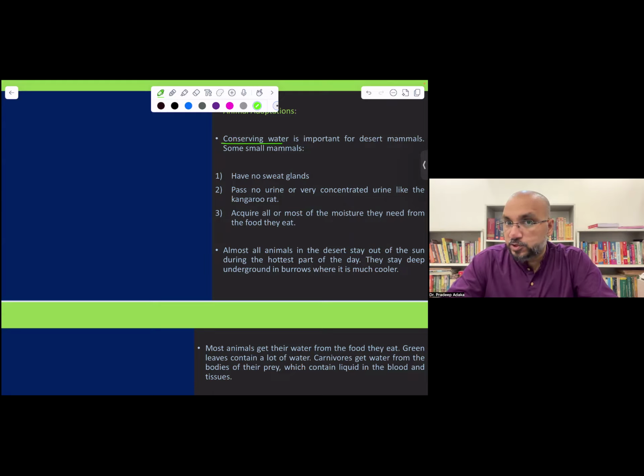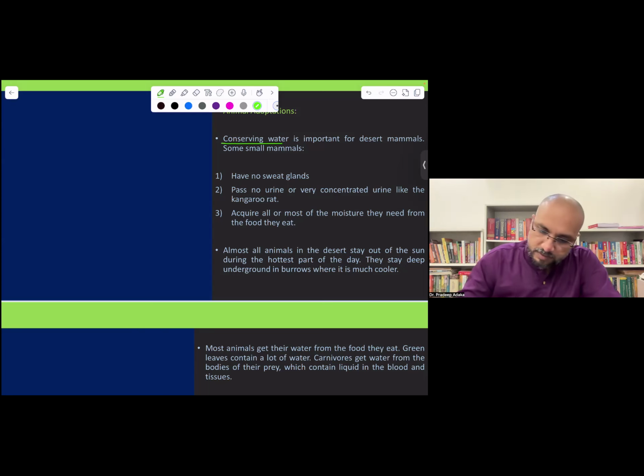Those plants that store water in their stem are eaten by herbivores. So herbivores eat the stem and plants, so they will get their water from the plants. Now carnivores eat these herbivores. They are getting the water from the tissue or the blood of the herbivores, right? So conserving water is very important because it is the main limiting factor.